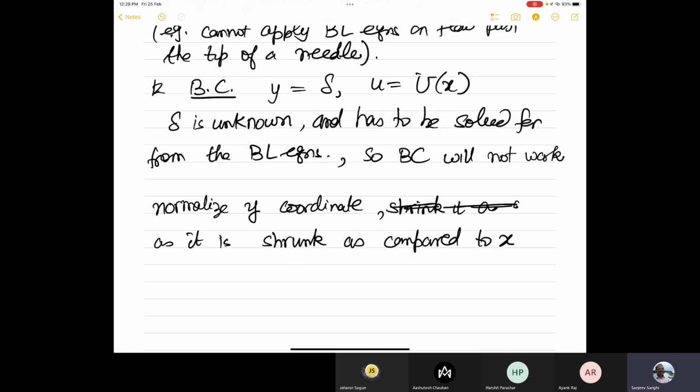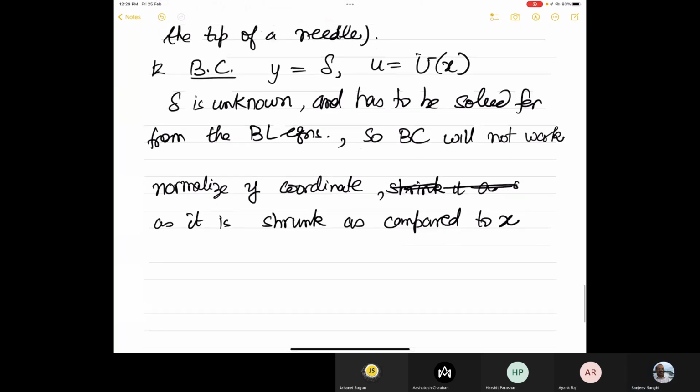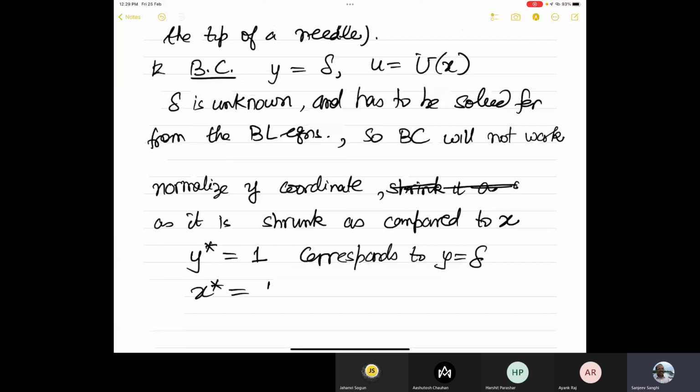So what we do is we put y star is equal to 1 corresponds to y is equal to delta, x star is equal to 1 corresponds to x is equal to L. So we can see in the y direction things are shrunk.